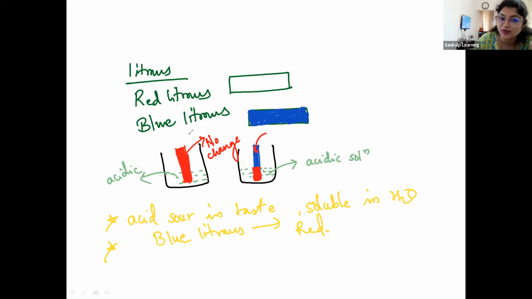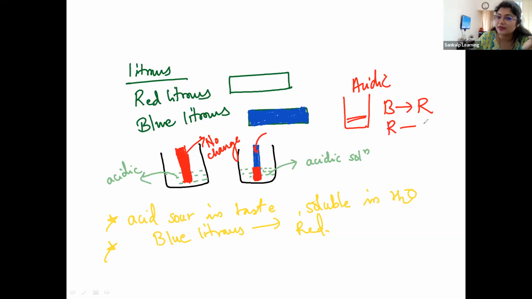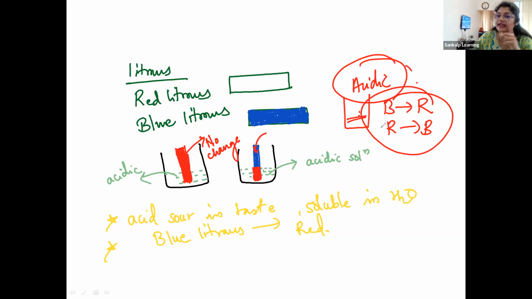How will you make out that the given solution is acidic if blue turns red and red turns blue? At least one result it should give.